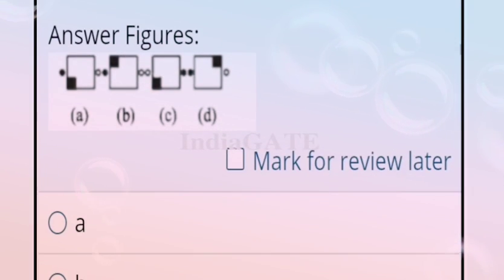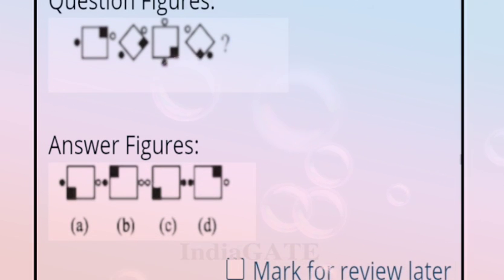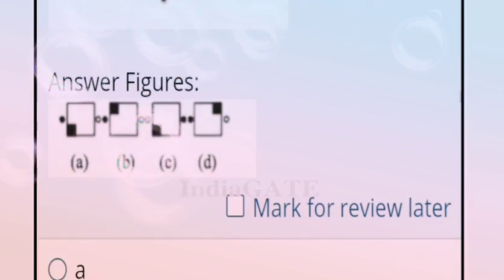Okay, so we find the correct figure which is used and replaced by the question mark. So the correct answer for this question is option C, because option C is the right answer for this question.